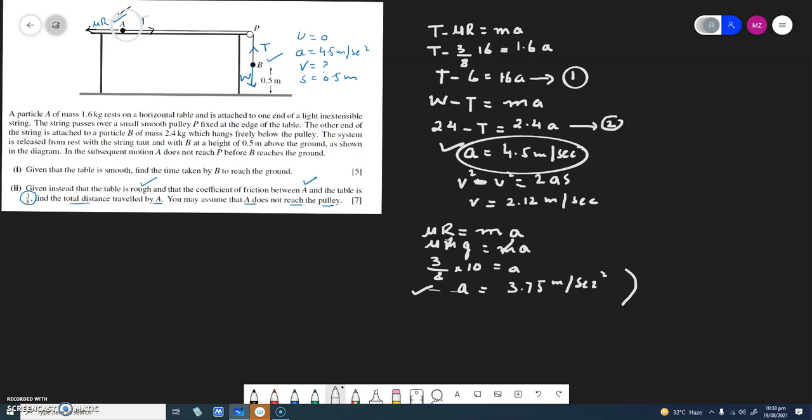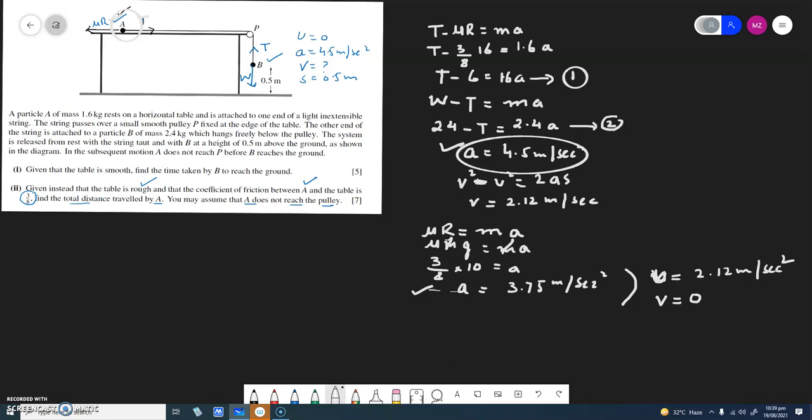When B hits the ground, the particle A will have its initial velocity, and that velocity will be 2.12 meters per second, and its final velocity of course will be 0. This is all the data for the particle A.